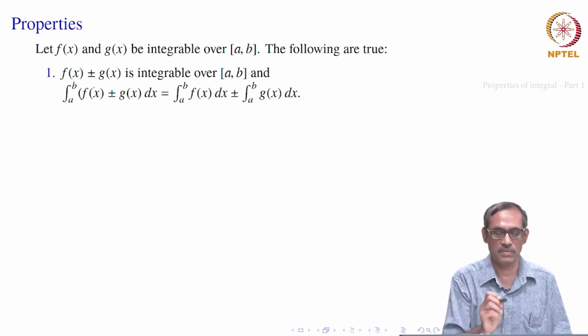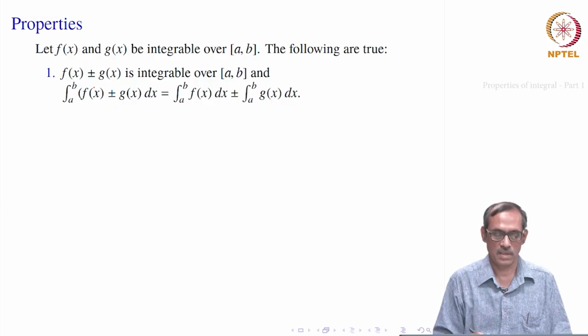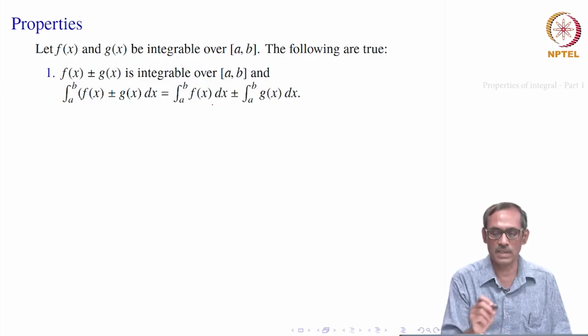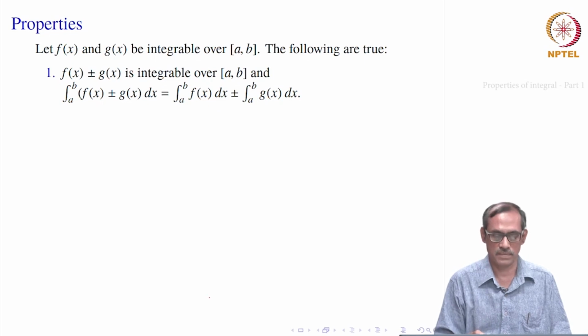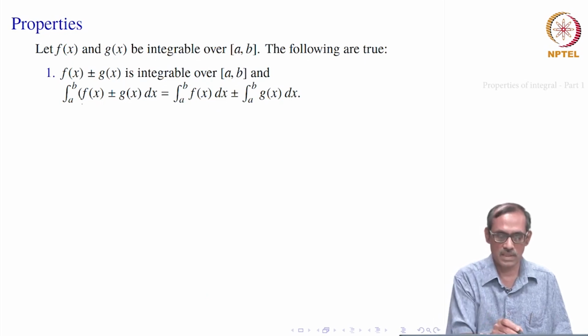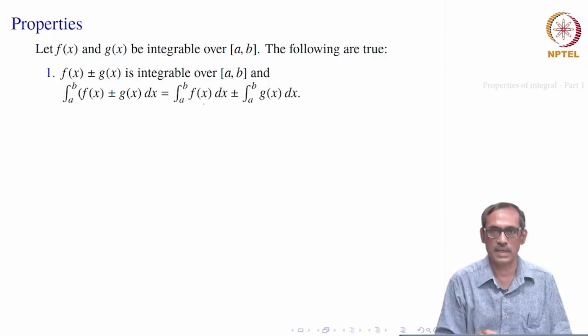So, you take any c_i for f(x) plus g(x), then you can split that Riemann sum into a Riemann sum for f plus a Riemann sum for g, and in the limit they will become integral f(x) plus integral g(x). Therefore, it is integrable, and the integral of the sum is equal to the sum of the integrals.